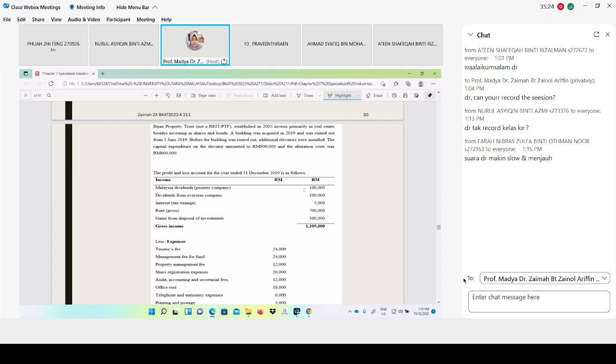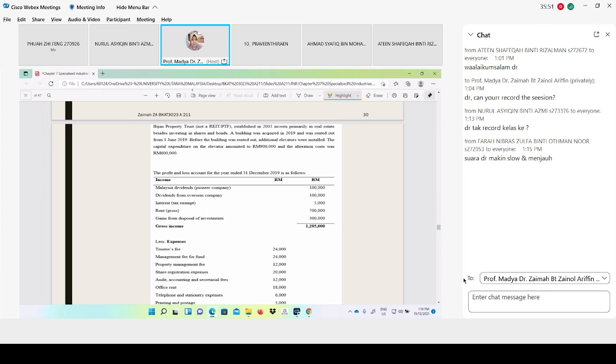So, Bijan Property Trust, not a REIT or PTF. Later you will learn about REIT and PTF. Established in 2005, it invests primarily in real estate, besides investing in shares and bonds. A building was acquired in 2019 and was rented out from 1st of June 2019. Before the building was rented out, an additional elevator was installed.